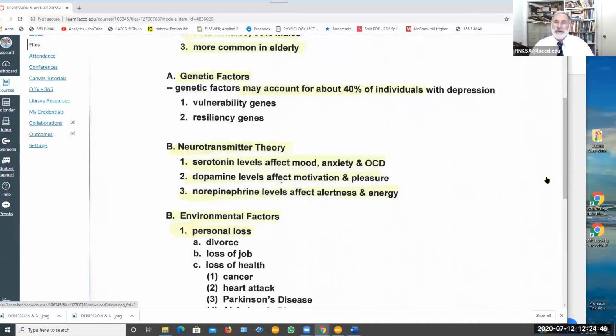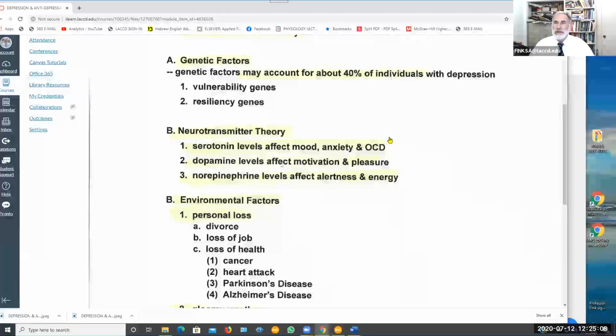Serotonin levels seem to affect mood, anxiety, and even obsessive compulsive disorders. Some medications are designed to elevate or raise the serotonin levels. Dopamine levels seem to affect motivation and pleasure. Elevated dopamine levels increase motivation and pleasure. Norepinephrine neurotransmitter levels affect one's levels of alertness and energy levels.